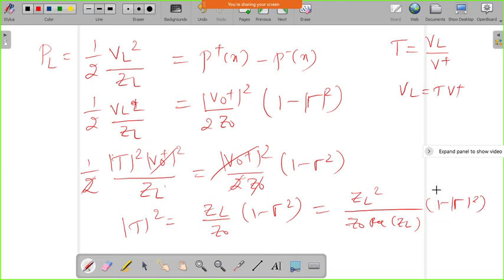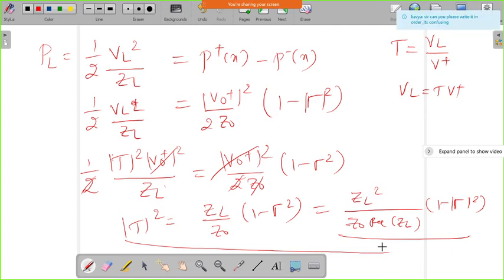So that we can write, in the transmission coefficient. So this is for the transmission coefficient and the power equations for the lossless transmission line.